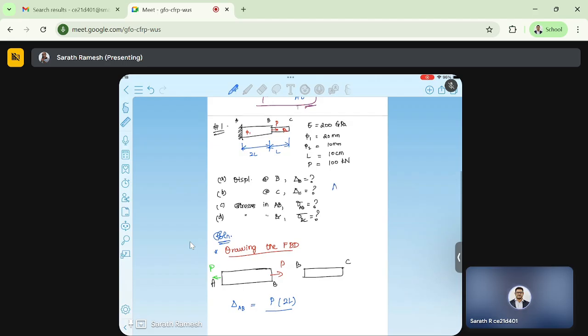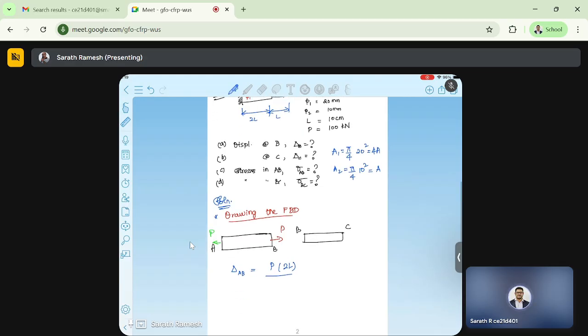A1 will be pi by 4 D square, with D equal to 20. A2 is pi by 4 into 10 square. If I consider this as my A, then that would be 4A, right? Where my A is pi by 4 into 10 square. For calculation purposes, I am just writing it.